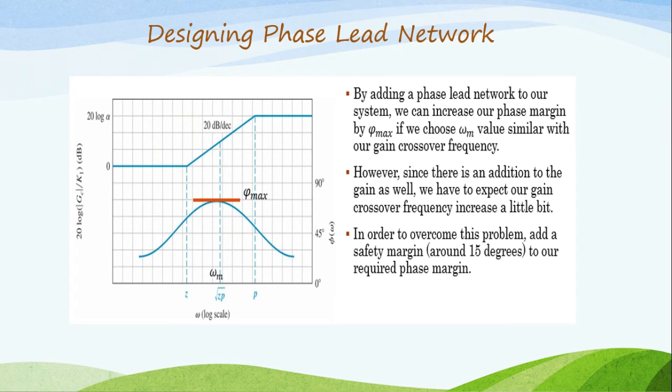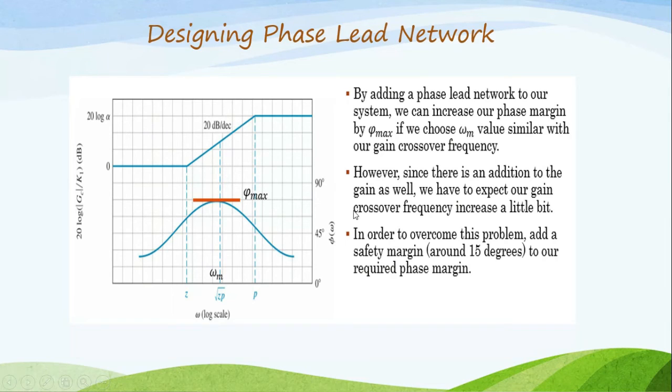Since we are using a phase lead network to design our compensator in part B, by adding a phase lead network to our system, we can increase our phase margin by phi max if we choose the omega m value, which is similar to the gain crossover frequency.